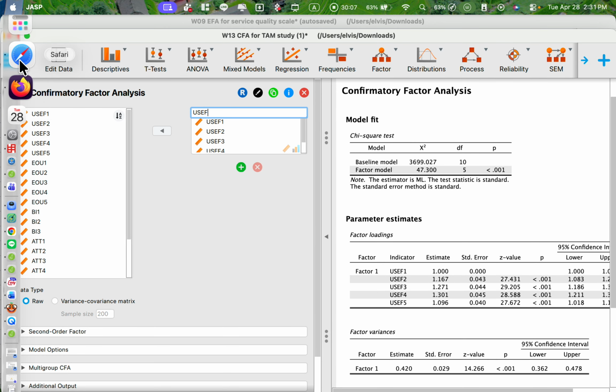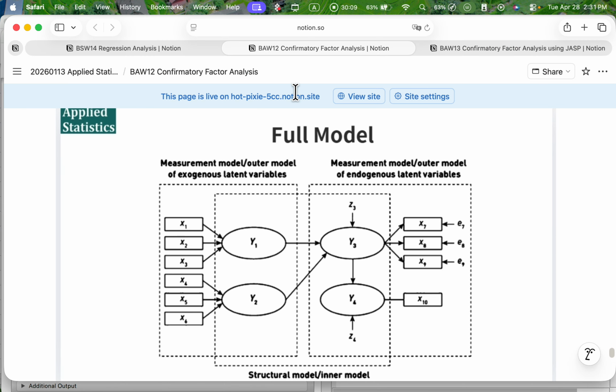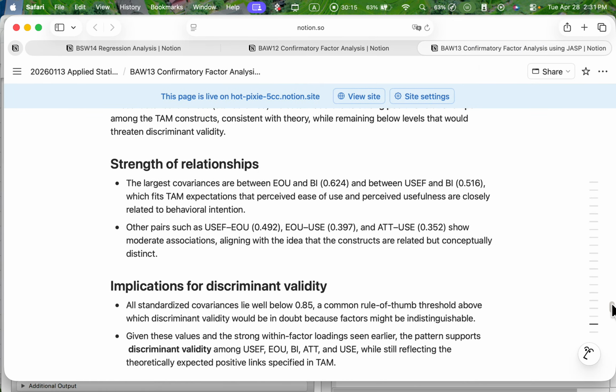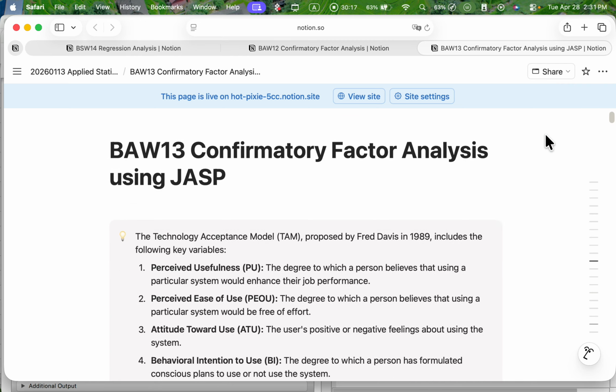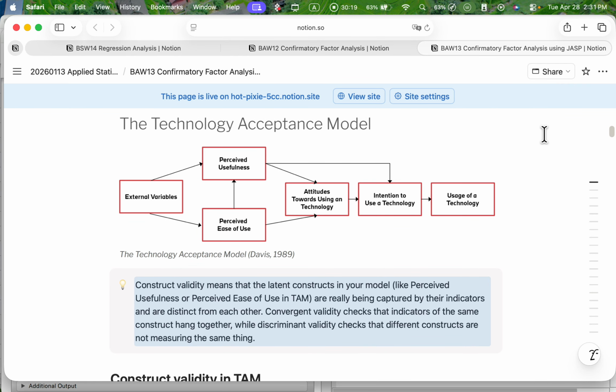Maybe I can switch to the material here again. Let me see it again. Now, this is the model, right? Now we have perceived usefulness, right? This is the x1. So we have to move the indicator.